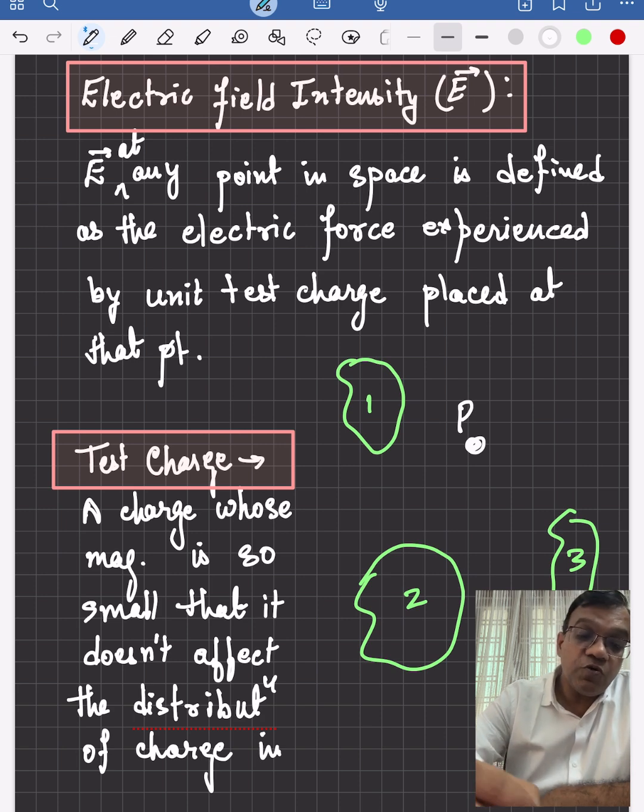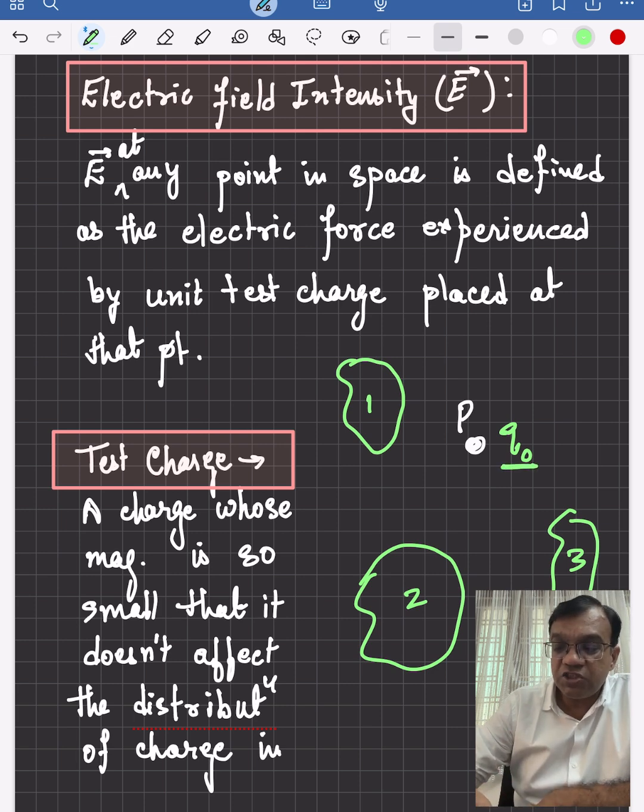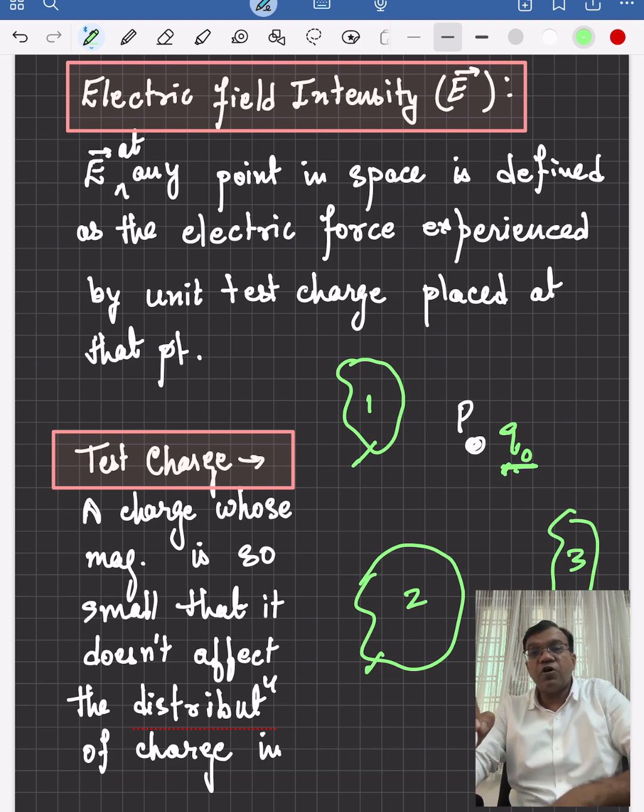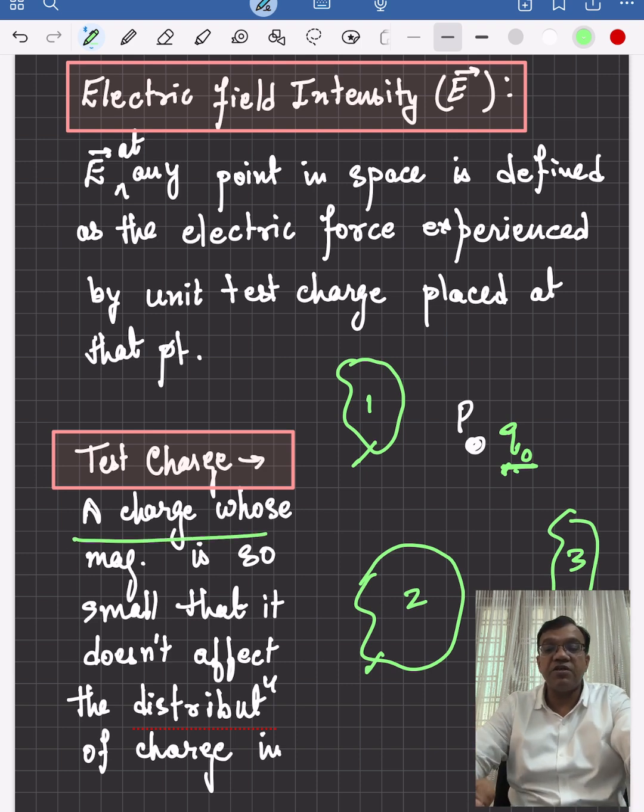Now what we will do, we'll place a test charge. Test charge means a very small charge, a charge whose magnitude is so small that the presence of this charge, Q naught, does not affect the charge distributions 1, 2, 3. So the presence of Q naught is not changing anything in space.